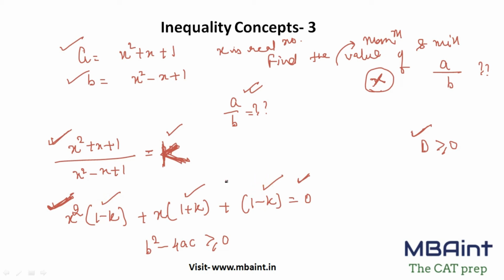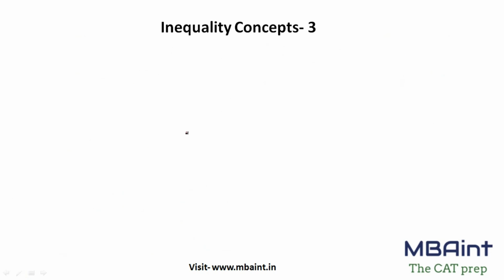Now, I'll just erase this and create some space so that we can solve here. All right, so when you solve this further, you'll find this b was nothing but (1 plus k) whole square minus 4 times (1 minus k) and 1.